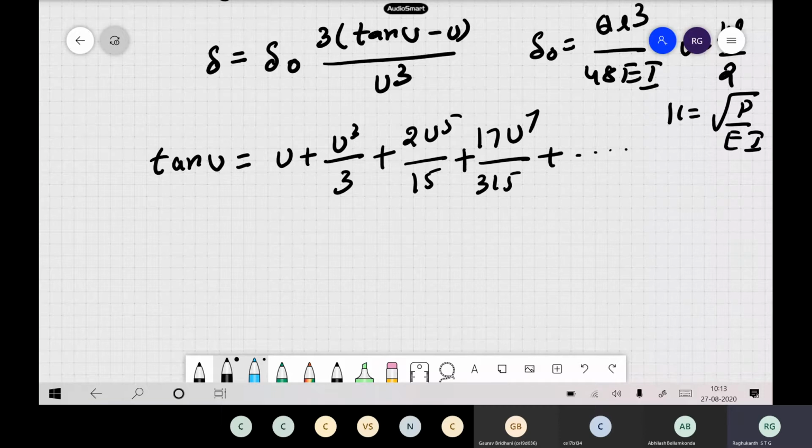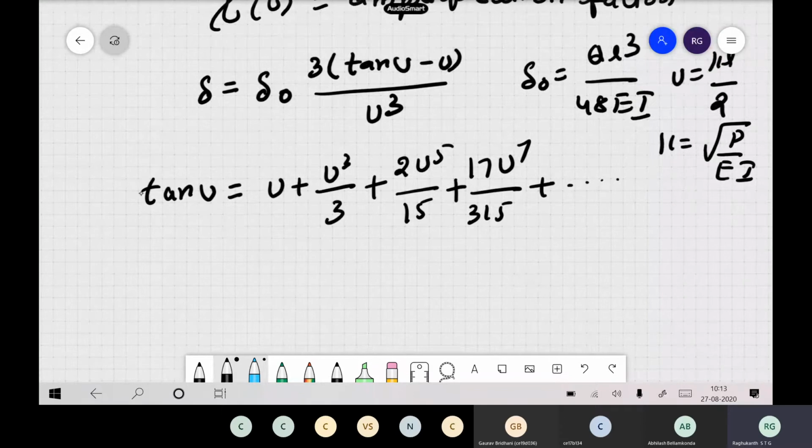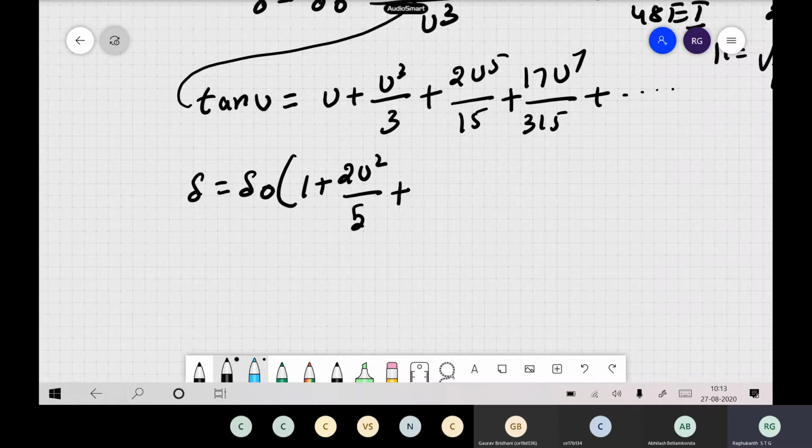Substituting this tan u in the expression, u gets cancelled, so delta is equal to delta naught into 1 plus 2u square by 5 plus u to the power of 4 by 105, plus other higher order terms.